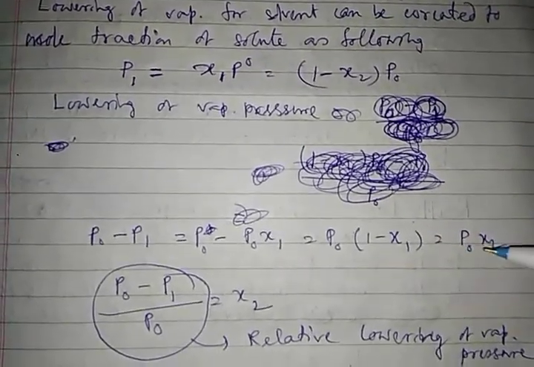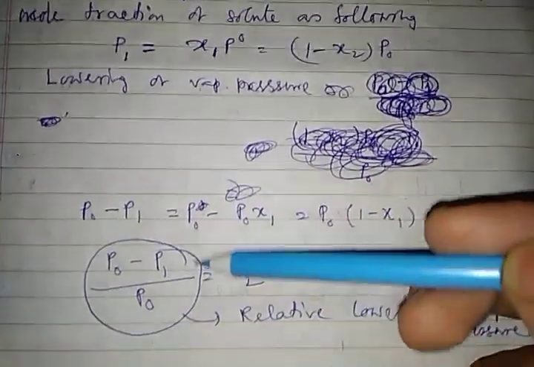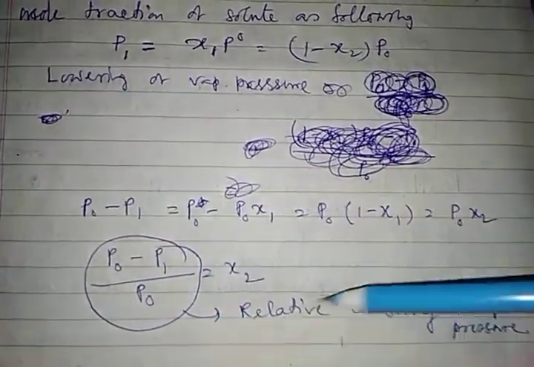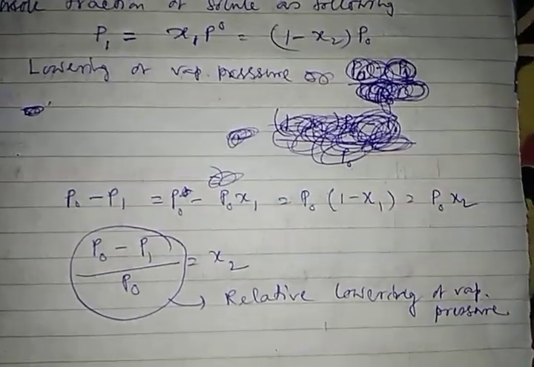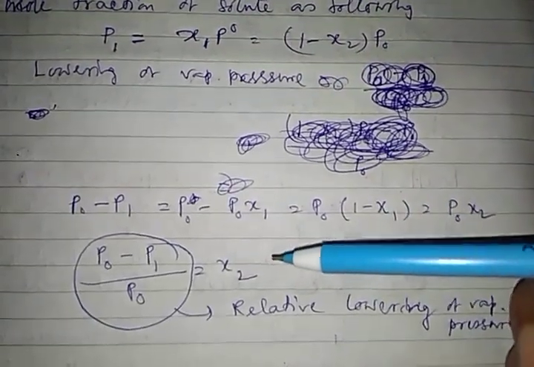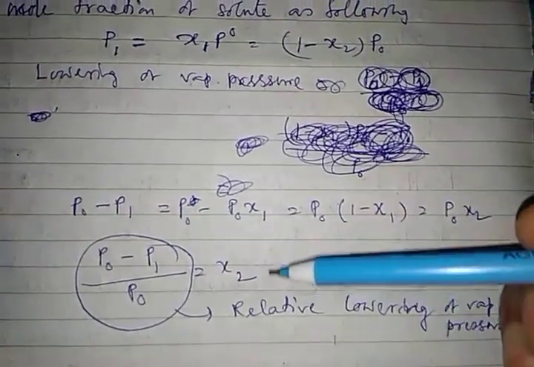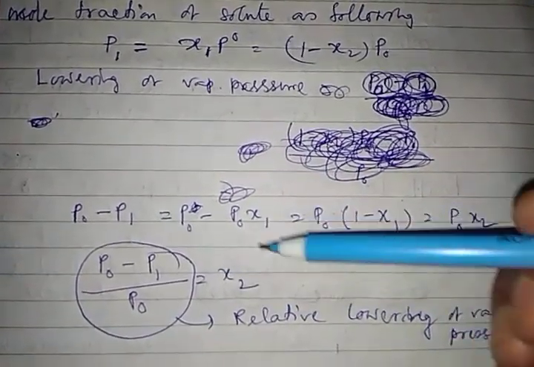Now if I write X2 equal to (P0 minus P1) by P0, the left hand quantity is known as the relative lowering of vapor pressure due to the addition of a non-volatile solute which has the mole fraction of X2.